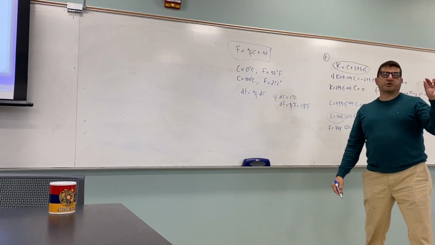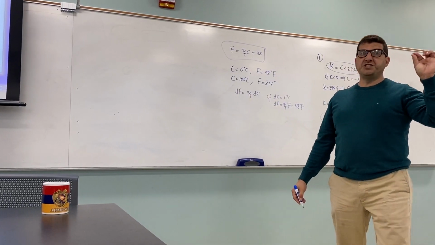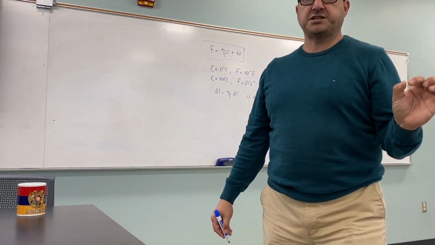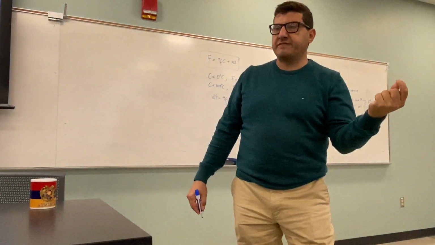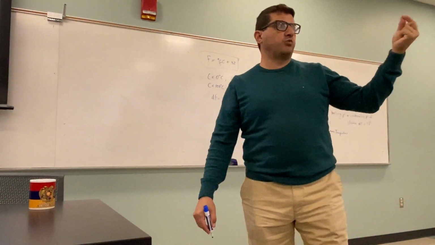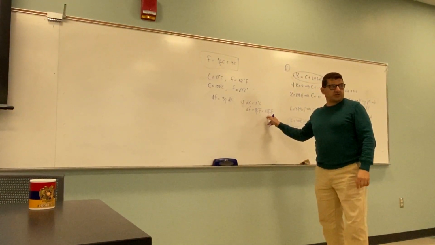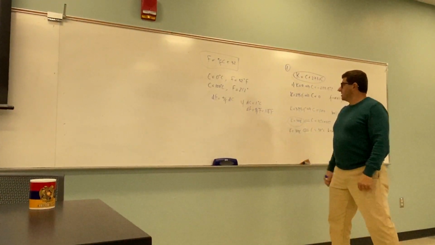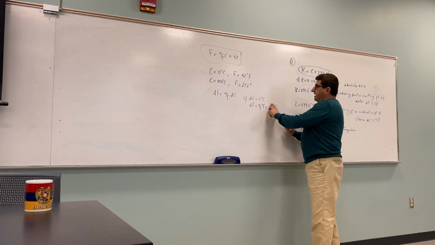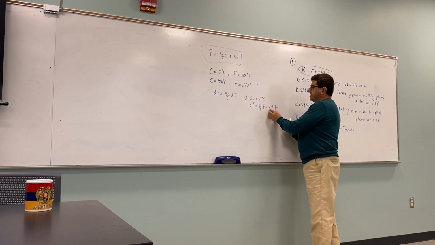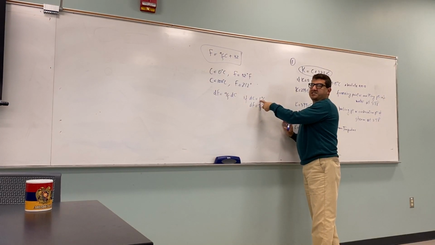So if the temperature of something increases or decreases by 1 Celsius, its corresponding temperature in Fahrenheit increases or decreases by 1.8, you see? So that means it takes about twice more Fahrenheit change for it to equal to 1 Celsius change.